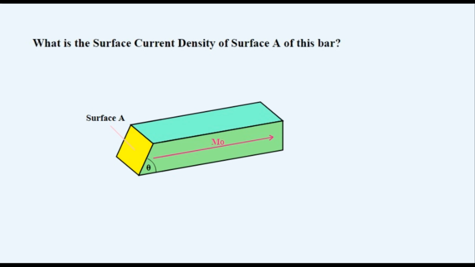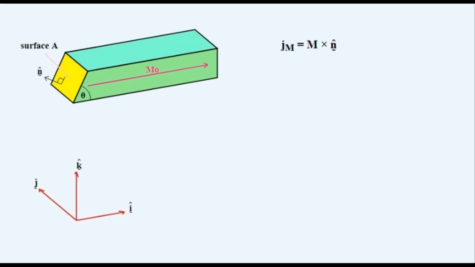In this first example, we have to find the surface current density of the rod that has a magnetization of M0 in the positive I direction. The first thing to do is to use the effective surface current equation that is given here. It uses cross-product multiplication.